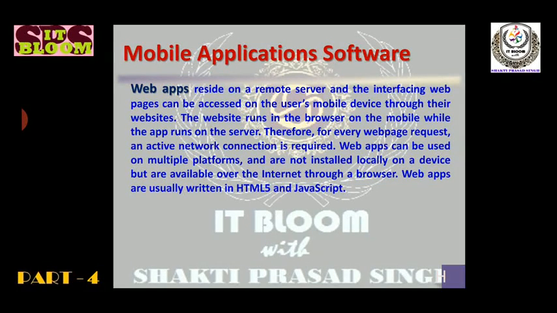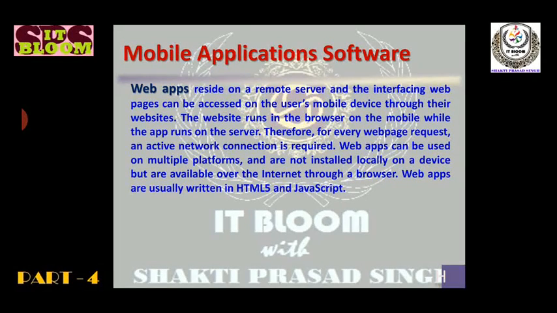Without internet connectivity, you can't access those apps, right? Means you will connect with the server of that app through the internet, and then you will access it. Okay, WhatsApp is available on the mobile. We are also calling that a mobile app.